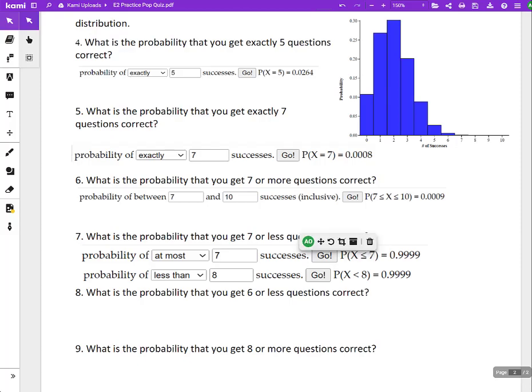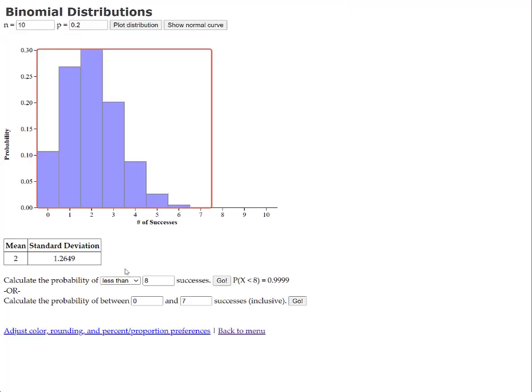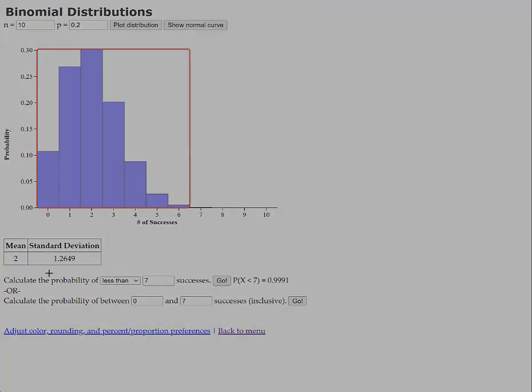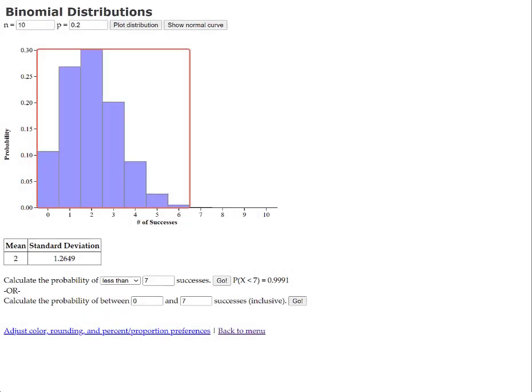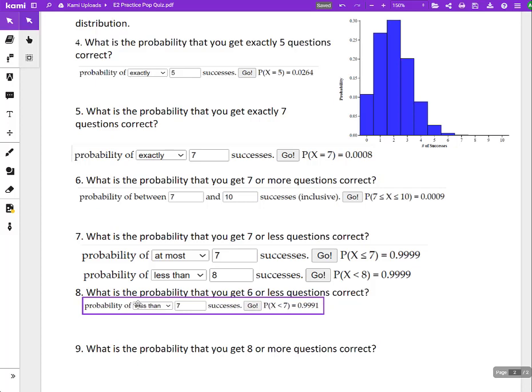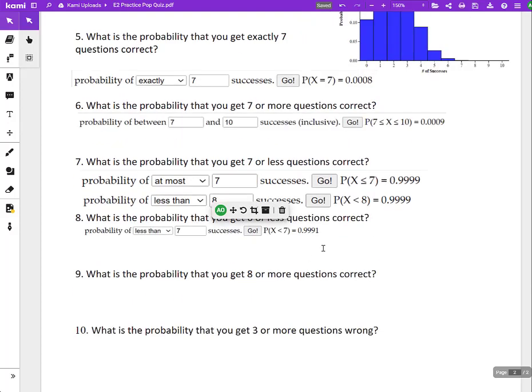6 or less correct. That's very similar. 6 or less is less than 7. So I could do it that way. So that's 6 or less, and you can see it there. So the probability of less than 7 is the same as 6 or less. All right, so that's one way to answer that.